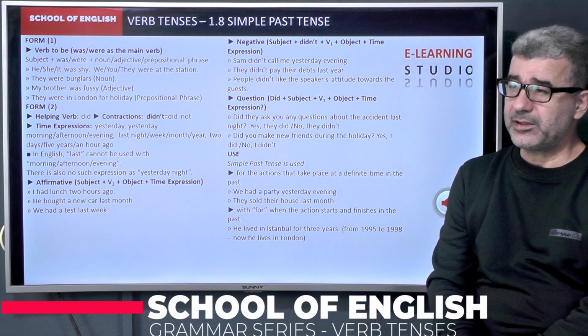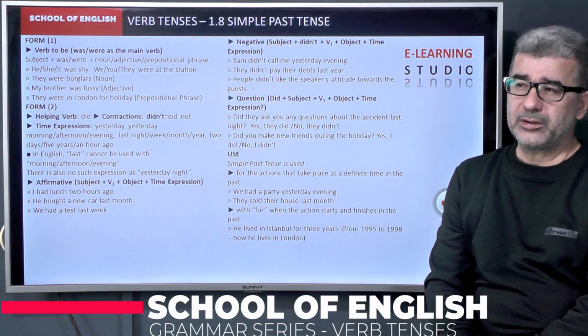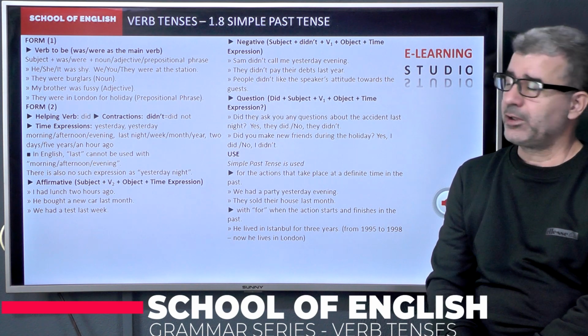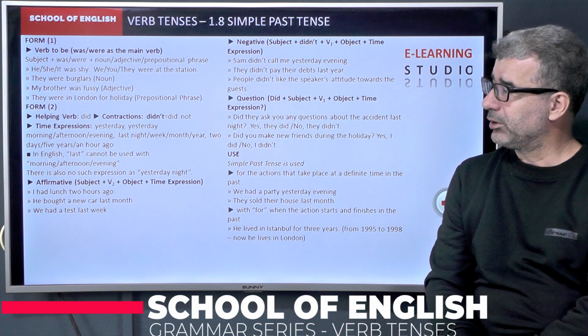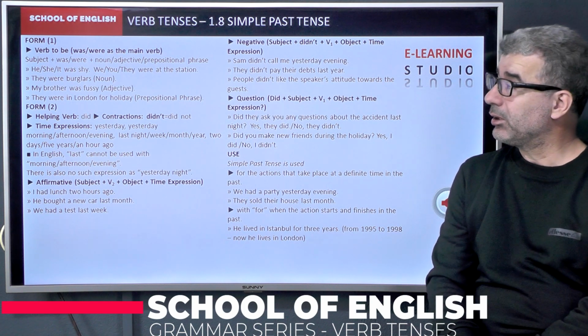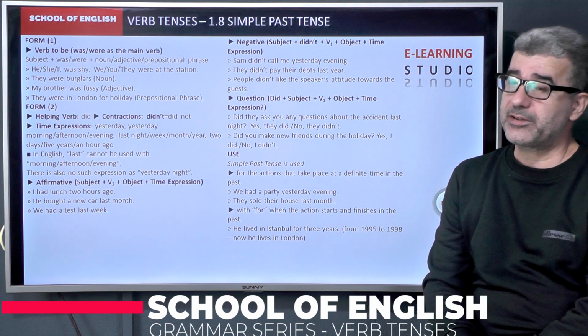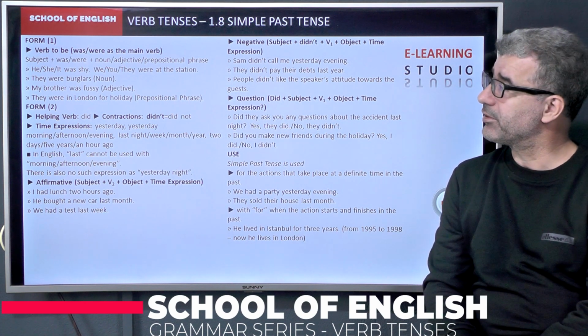In past continuous tense, was acts like a helping verb. It doesn't have a meaning. It just helps form sentences. But here, was and were have a meaning, and they are used as the main verb in sentences.